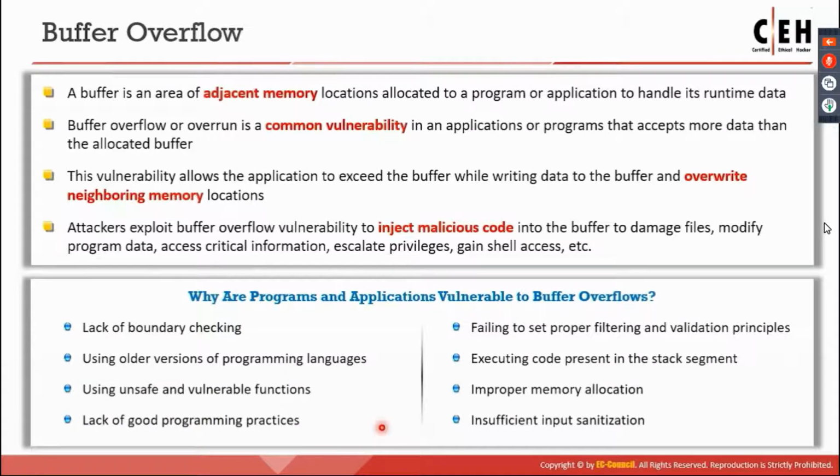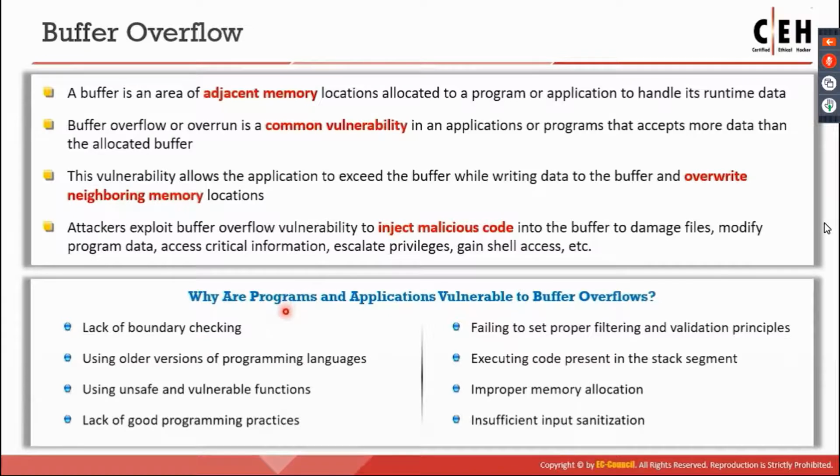And what happens with a buffer overflow is there's an area of adjacent memory to that allocation that we can cause that thread of execution, that program, that app to overwrite its memory locations that have been allocated to it. And you can inject malicious code into the buffer, you can damage files, you can crash the app, you can modify program data, get access to critical information, get a shell, do privilege escalation, and it's all because of poor coding.